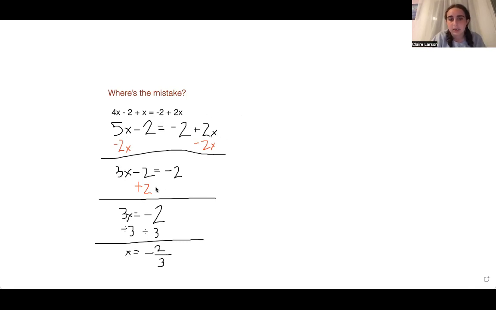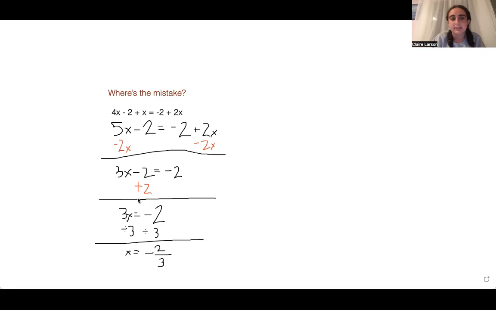Oh, I see what I did wrong. I added 2 to this side, but I didn't do anything to this side. And a big rule that I was trying to stress is that you always have to do what you do to the first side to the other side.